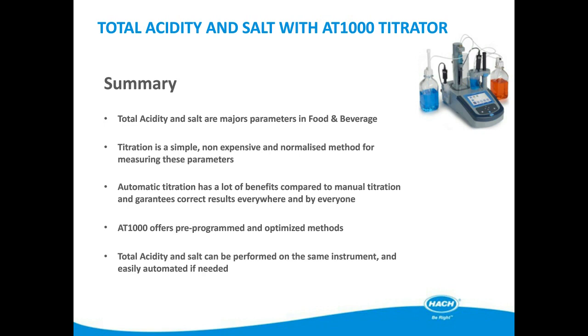You don't need to be an expert. AT1000 offers pre-programmed methods and optimized methods ready to use, and total acidity and salt can be performed on the same instrument and easily automated if needed.